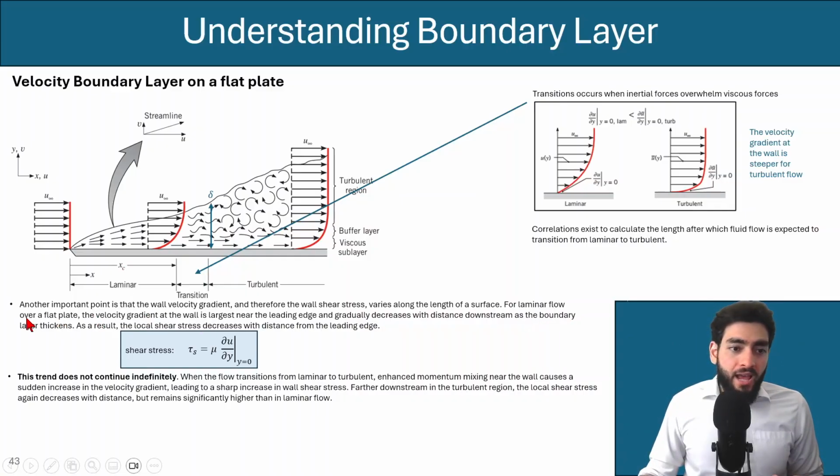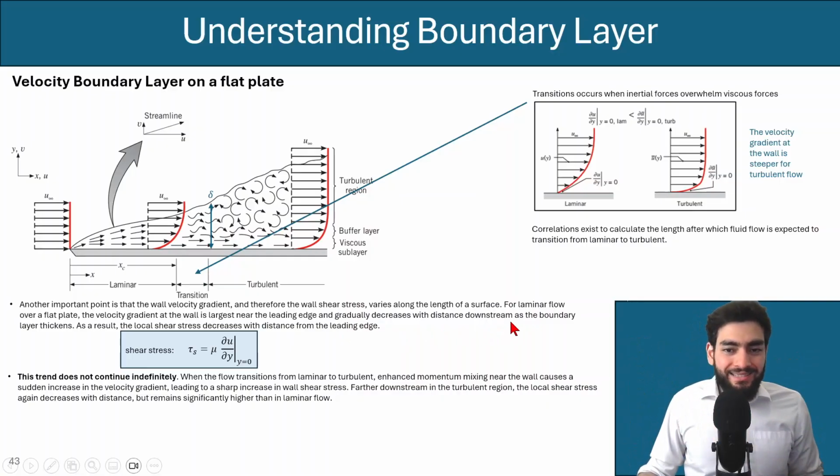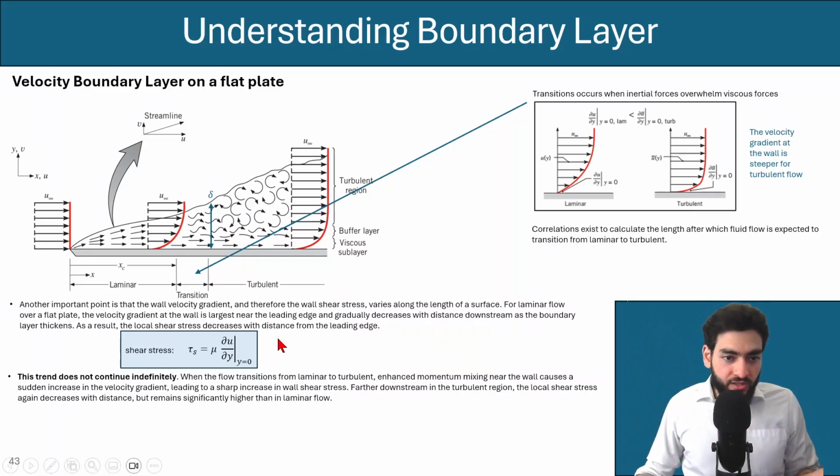So for laminar flow over a plate, the velocity gradient at the wall is largest near the leading edge of the flat plate, and so it gradually decreases with distance downstream as the boundary layer thickens. And so as a result, the local shear stress decreases with distance from the leading edge, and I showed you this equation.